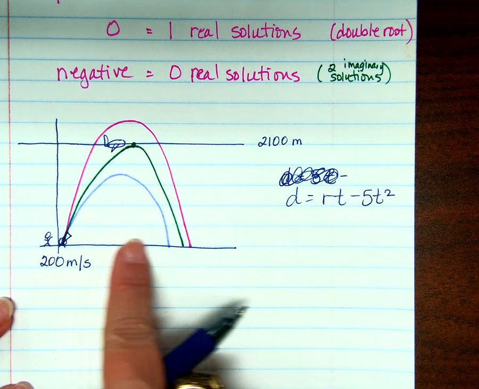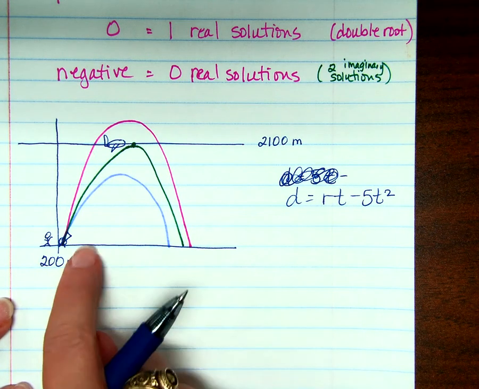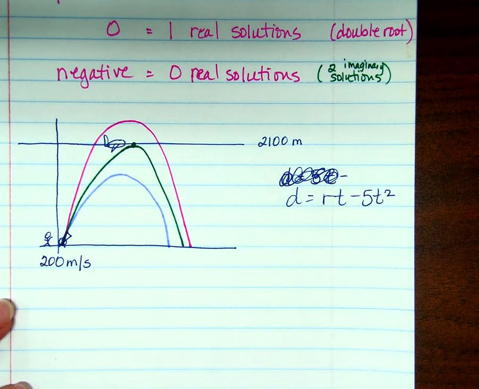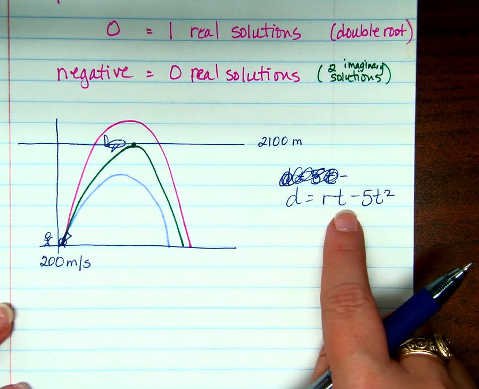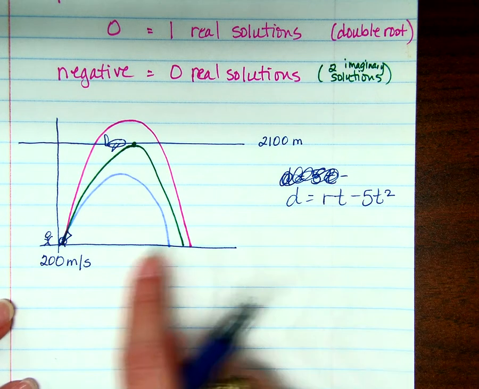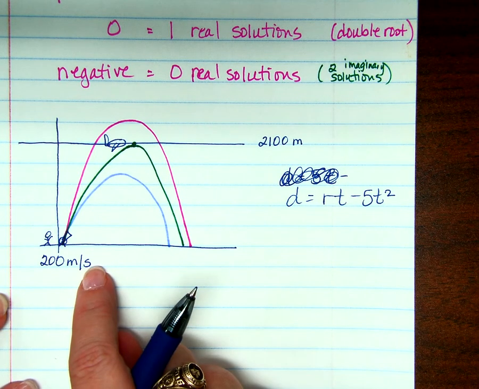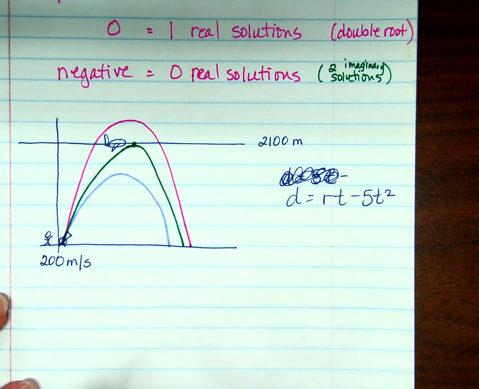We're not talking about this distance right here. We're talking about the distance above the target. You okay with that? R is the initial upward velocity, and t is time. How is it measured? Time is just seconds, right? Distance is meters, time is seconds.